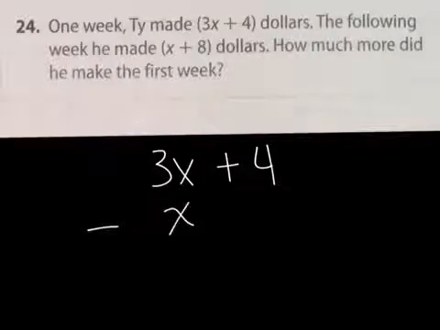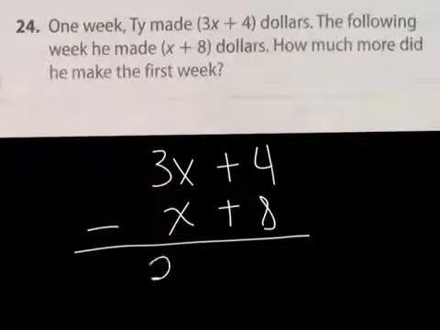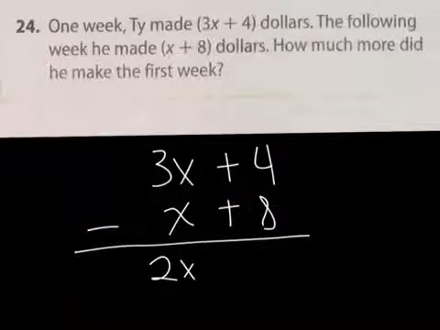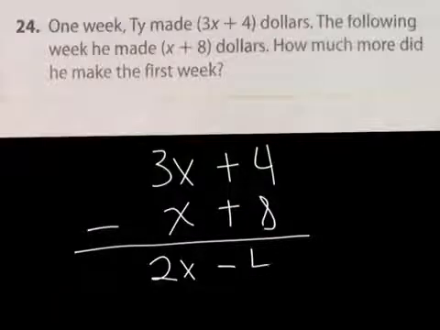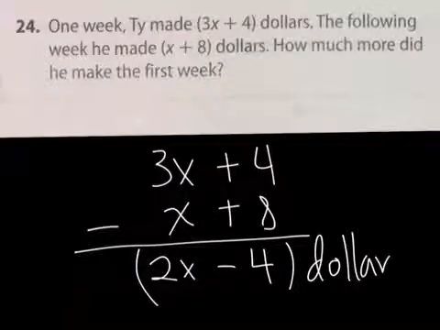I'm going to subtract the x, and I'm going to subtract the 8. When I do so, I move down, so I have 3x minus x, taking away 1x, so now I have 2x's left, right? And 4 minus 8 is -4. And that's dollars. If you have any questions, please ask me in class.